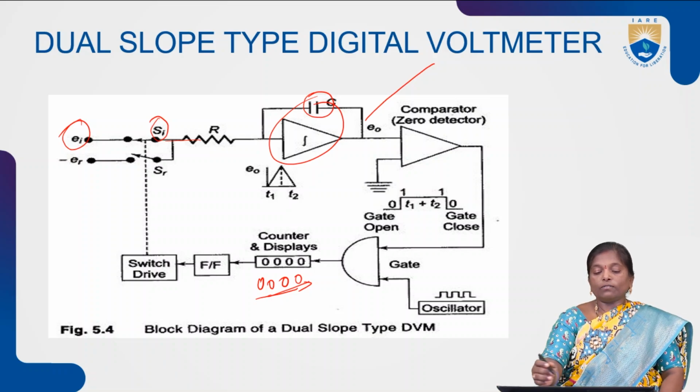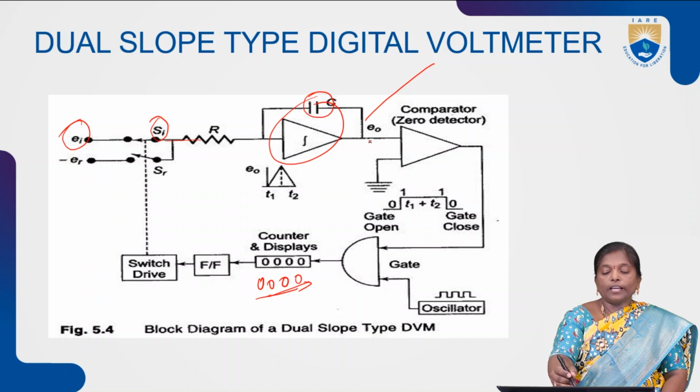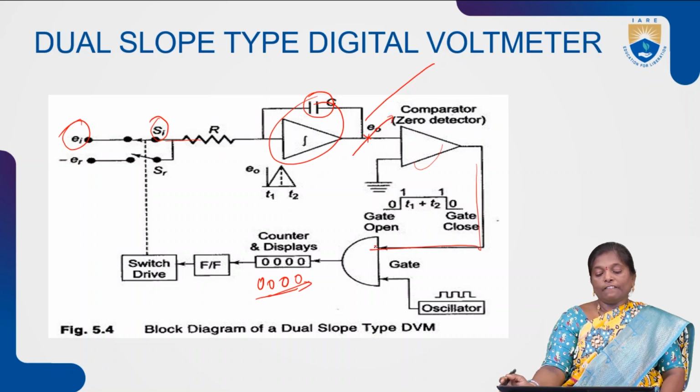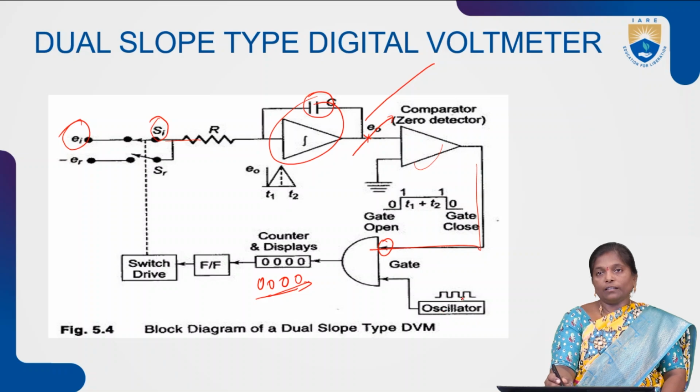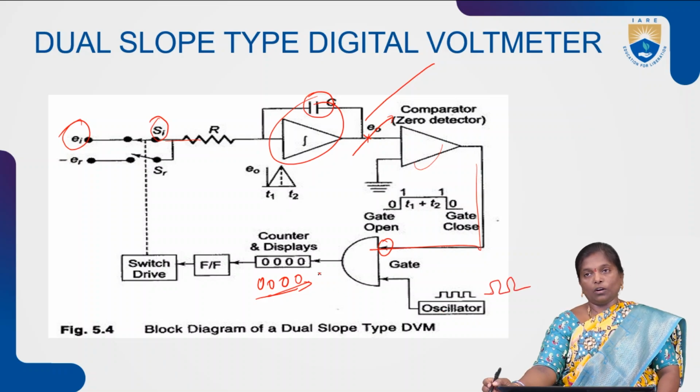Whenever the input voltage is greater than 0, the zero comparator detector gives the signal to the gate to open the gate. When the gate is open, with the help of the oscillator, we generate pulses and those pulses pass through the counter.